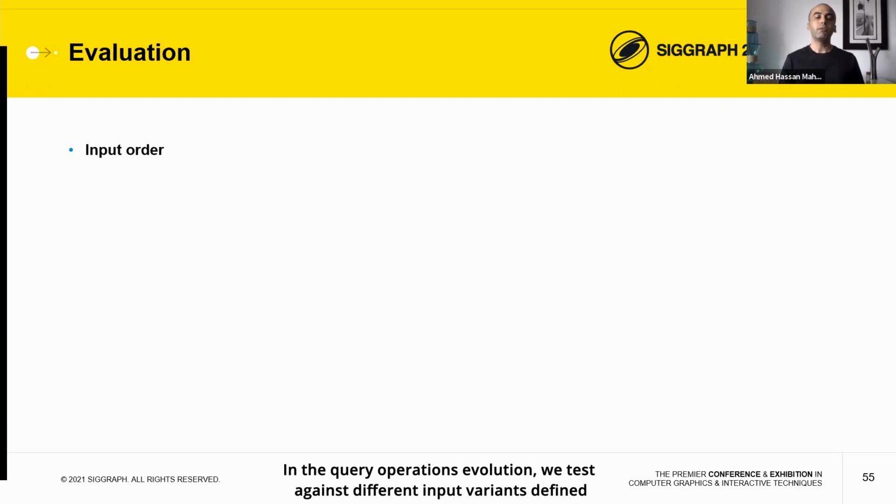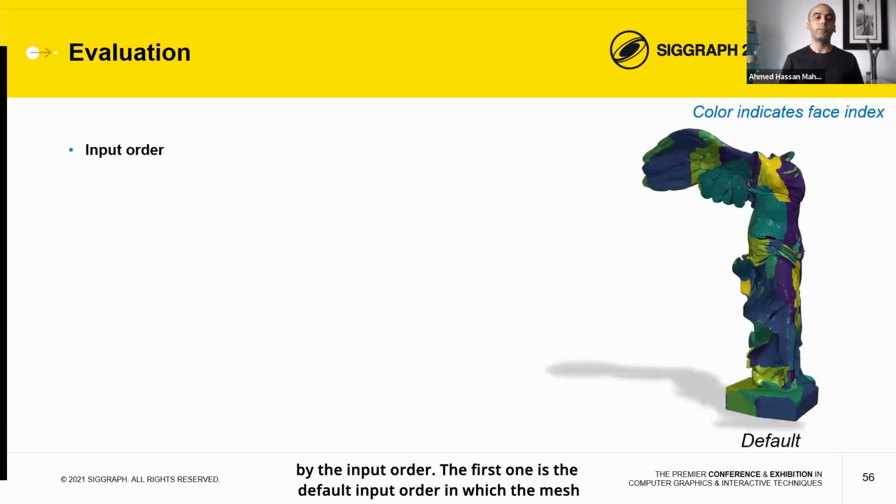In the query operation evaluation, we test against different input variants defined by the input order. The first one is the default input order, in which the mesh element index is assigned as defined in the input file. The locality exhibited in this variant is not consistent and highly dependent on how the mesh was generated. To gain a better understanding, we experiment with 2 other extreme cases.